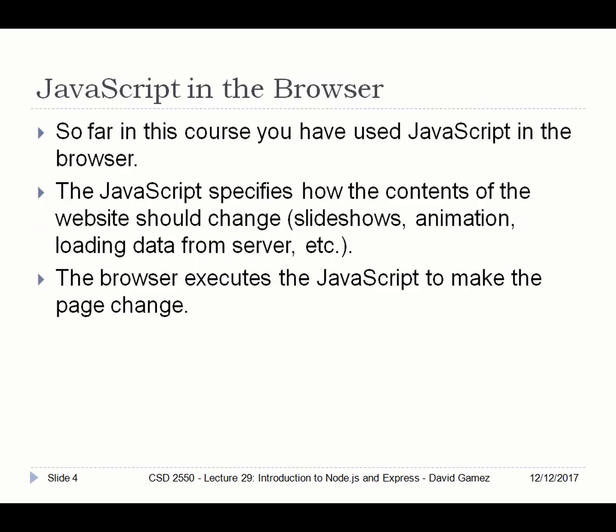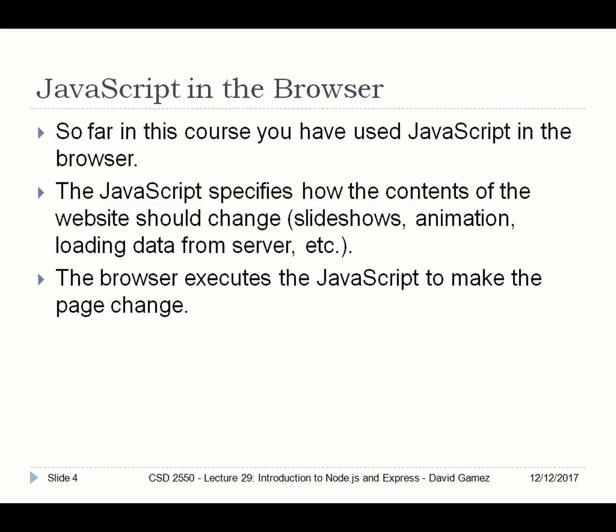Right, so Node.js. So far in this course, you've written a lot of JavaScript in the browser, right? You've written a game, you've done some registration and login stuff in the browser. Here you're writing JavaScript code, and the JavaScript code specifies how the contents of the website should change. So the JavaScript code says you should be loading these images for slideshows, or showing you how the spaceship should move if you're doing a spaceship game, and so on and so forth.